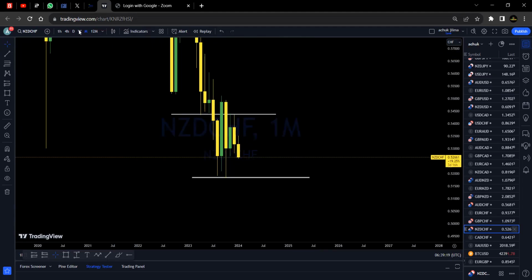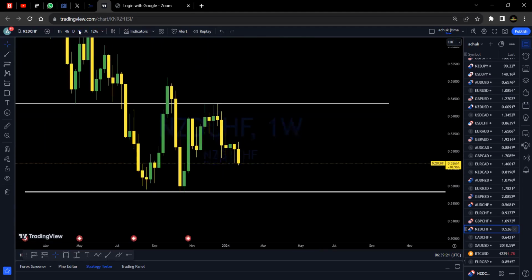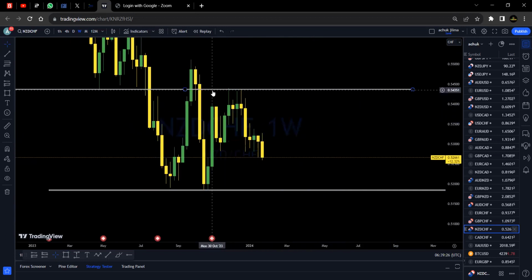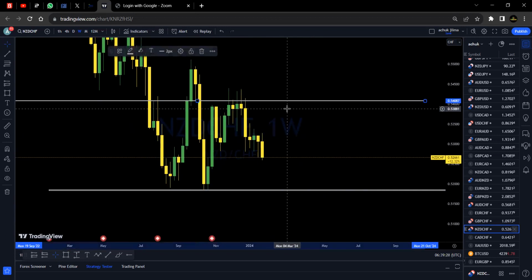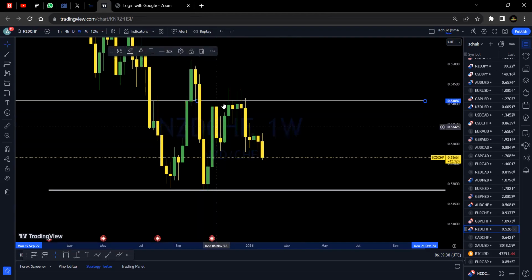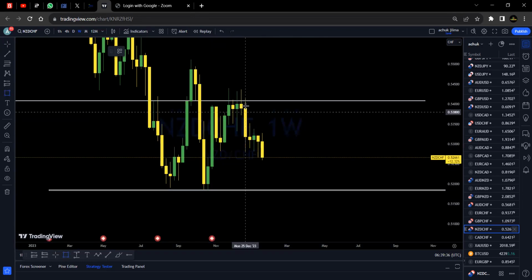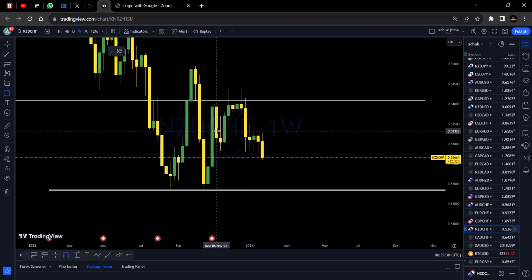So once we don't have more, we can come to the weekly. And on the weekly, this is how it looks like. This will be the best breakout area because we have this strong bearish candle broke, and this was our resistance area. The same way we had this strong candle here to break this low, and this was our resistance area.